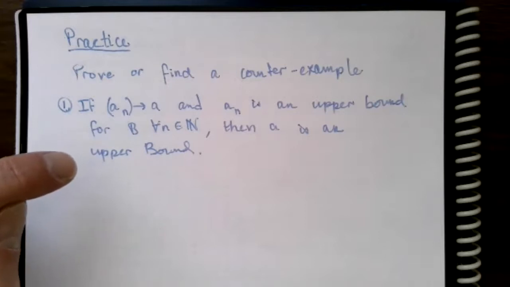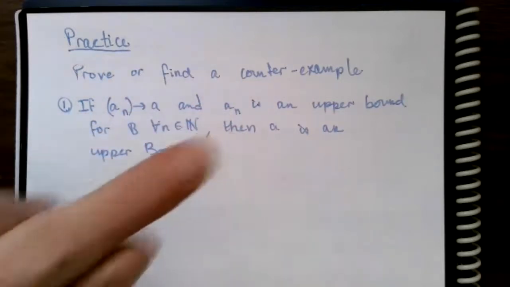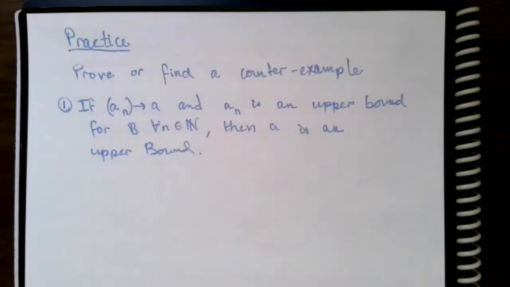If we're thinking the statement is not true, then we will need to produce a counterexample. I think it's true. I also think it's true. Okay, so we're thinking that it is true.